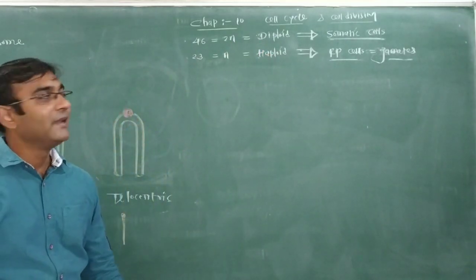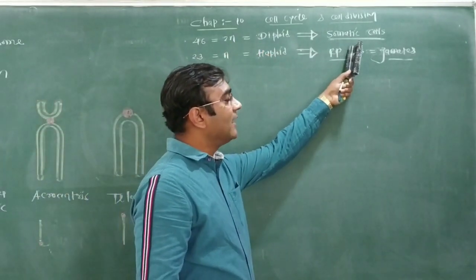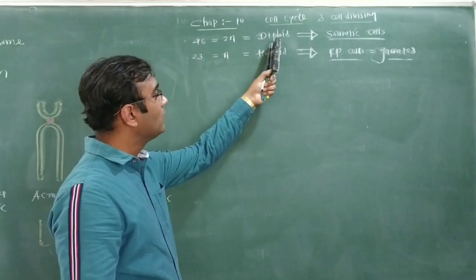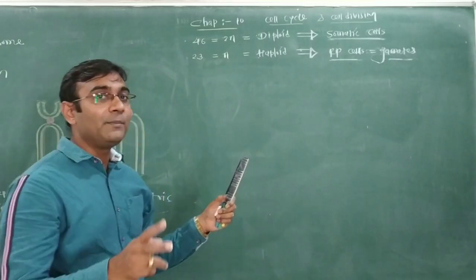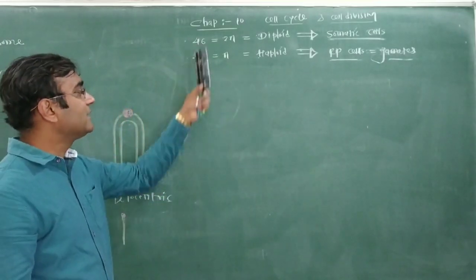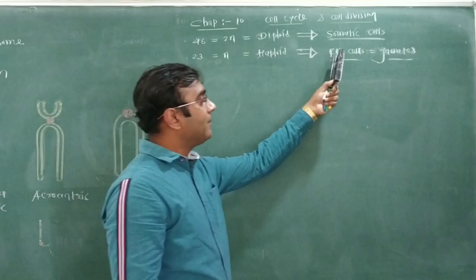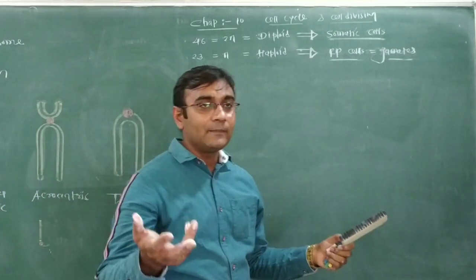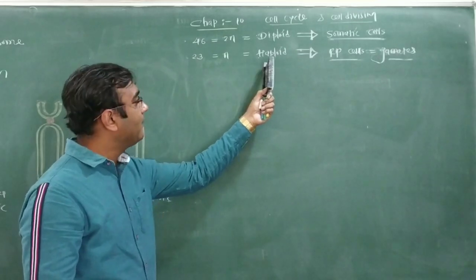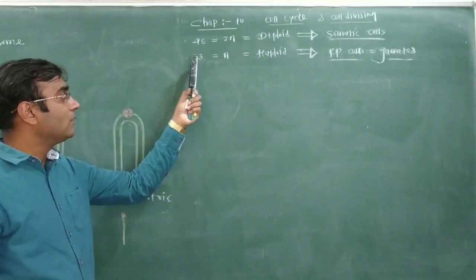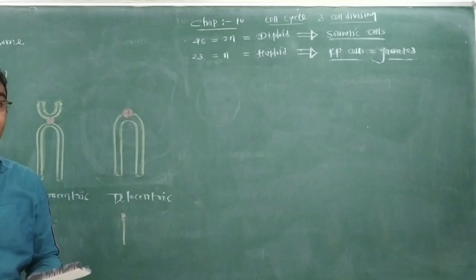So the somatic cell is diploid with respect to chromosome number; in humans diploid means 2n, which is 46. The reproductive cell or gamete, sperm or ova, is haploid, meaning n, which is 23 chromosomes.